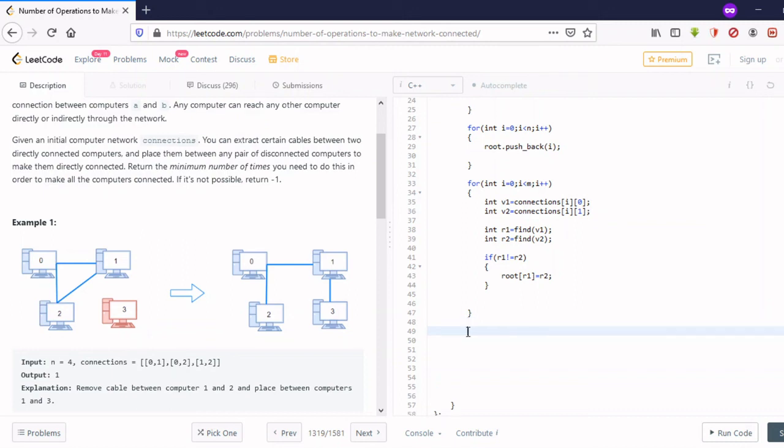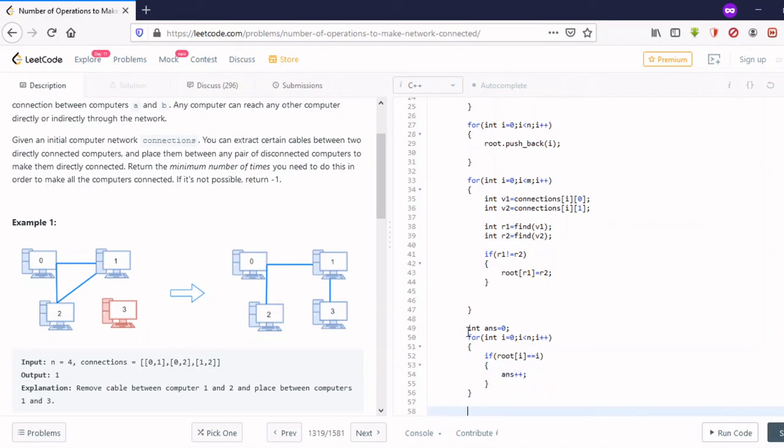So to count the number of connected components, we can simply do a for loop in which we traverse each and every vertex, and if the root of that index is equal to itself, this means it denotes one connected component.